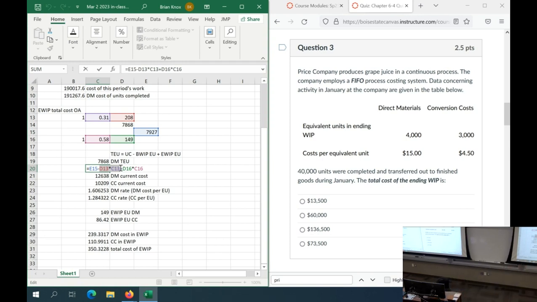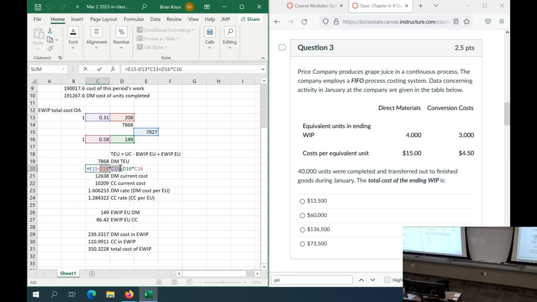Let's see. So I'm getting this here. That's the formula I used. So I'm subtracting that times 0.31, then adding.